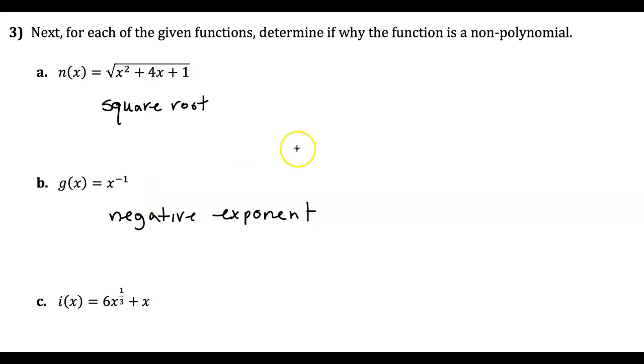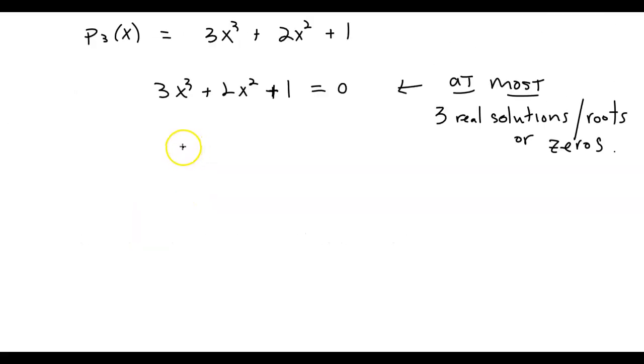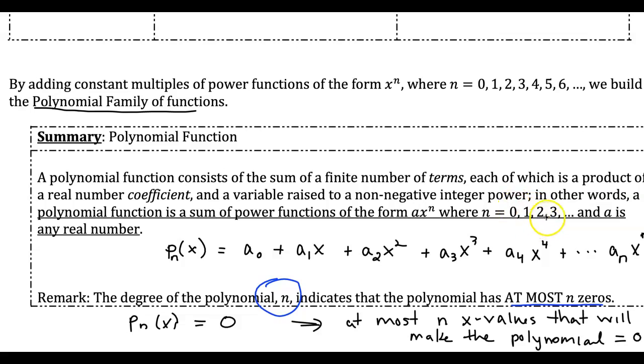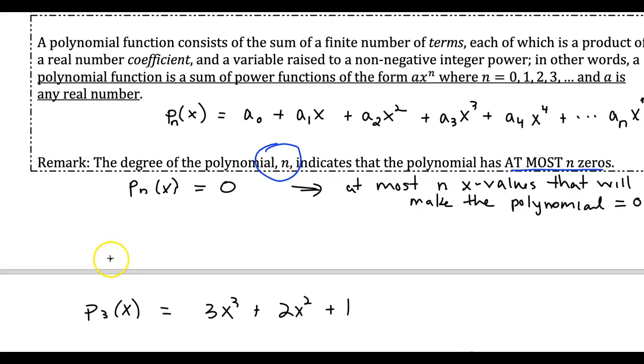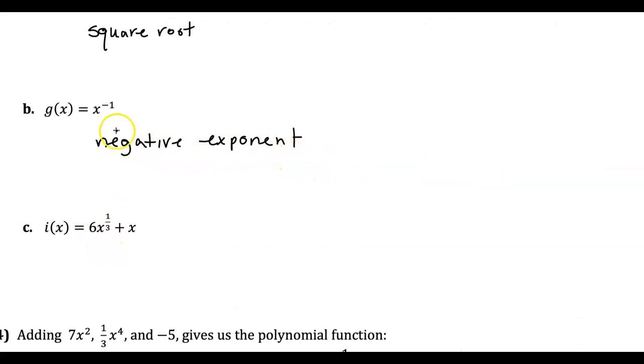For polynomials, remember, we want our values of n to be greater than or equal to 0. Just to go back to the definition, remember, n has to be 0, 1, 2, 3, if it's ax to the n. Okay, so this has a negative exponent, and this one has a fractional exponent. So these are not polynomials.